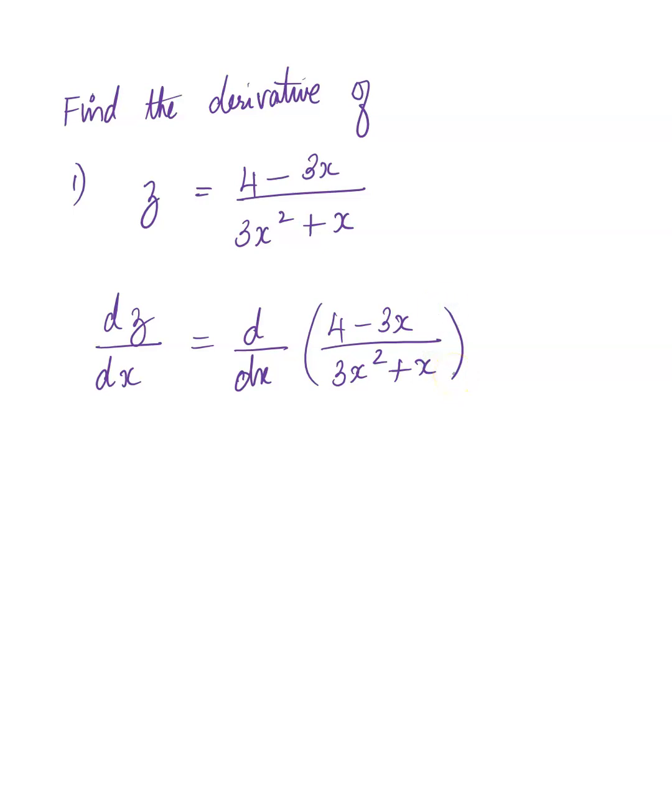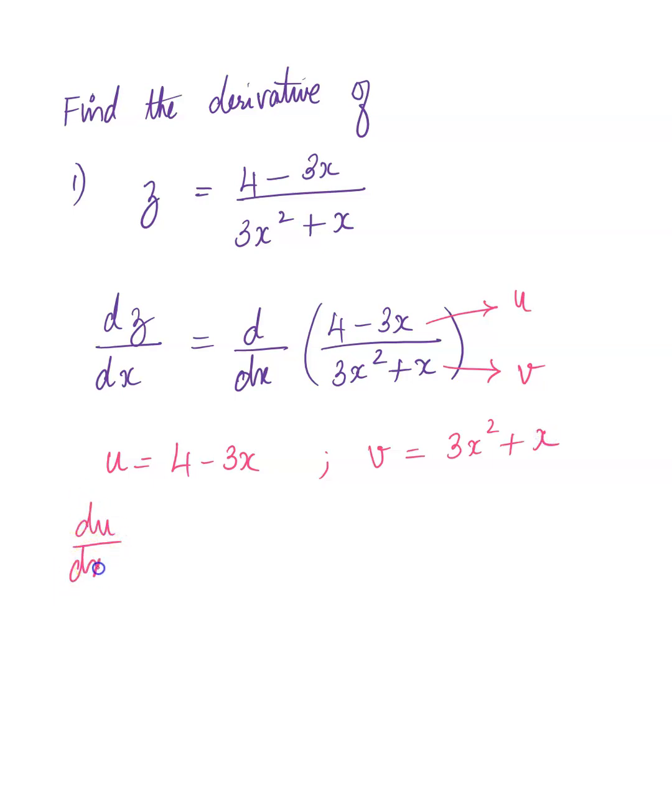And clearly you have x on the top and x in the bottom. So we want to think of this as the quotient rule. So the numerator could be your u and this could be your v. So u is a function of x. And v is a function of x as well, which is 3x squared plus x.